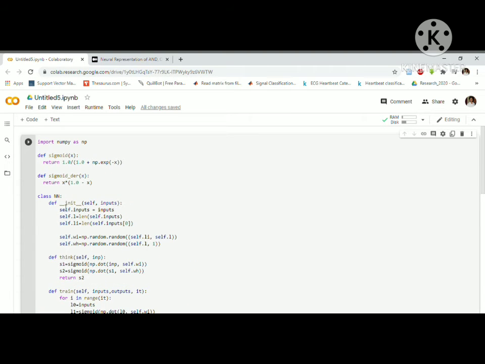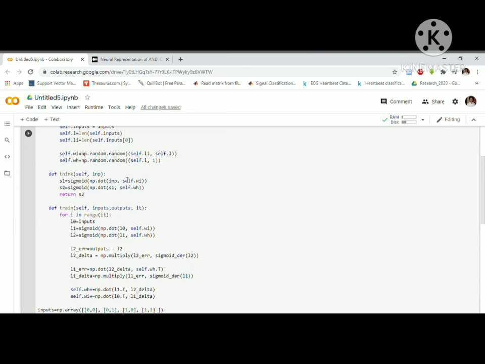Then we have defined the class for the neural network. The first one is the initialization function, which sets the weights and the inputs. Then we have defined the sigmoid function, where we have multiplied the inputs with the weights, which will return the output value.